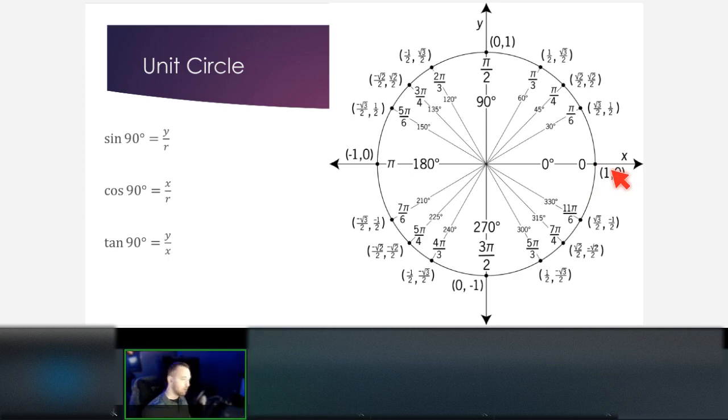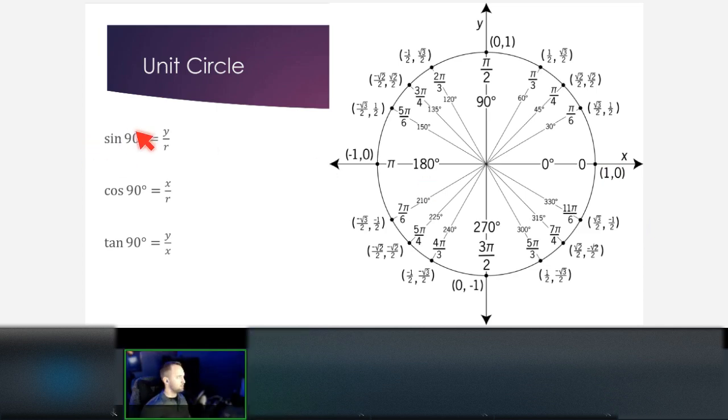The radius is always 1. So that's why for this point here, this is 1 comma 0. This point is 0 comma 1. This point is negative 1 comma 0. This is 0, negative 1. And then we have coordinates of different degrees in between those. So that's the unit circle. So far, so good.